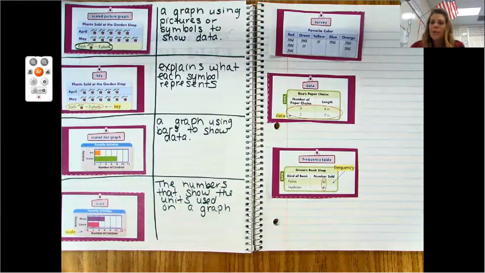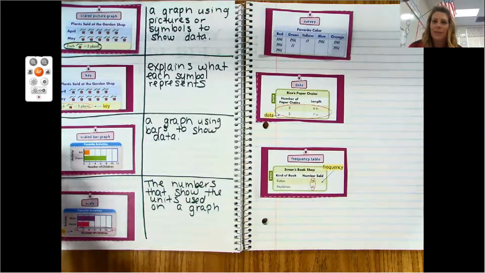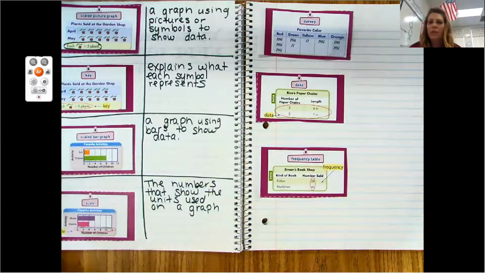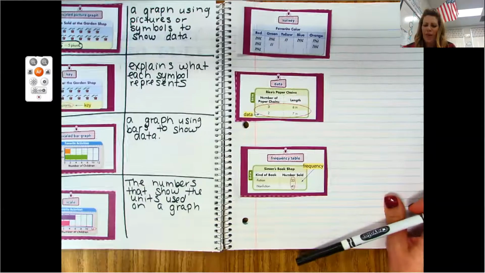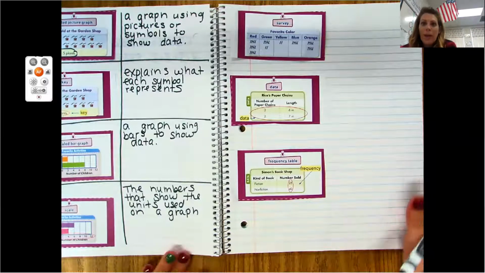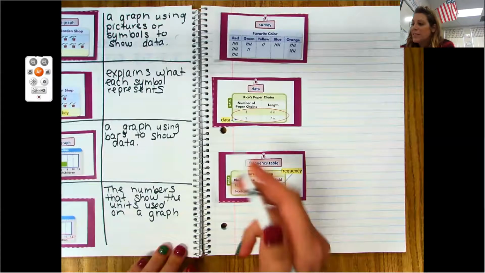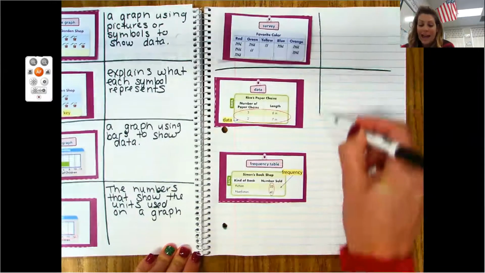Okay, so again, today we're going to dig in a little bit deeper to picture graphs and bar graphs. If you look over here on the second page, we've got 3 more words. So survey. A lot of times people use surveys to help them collect the data.